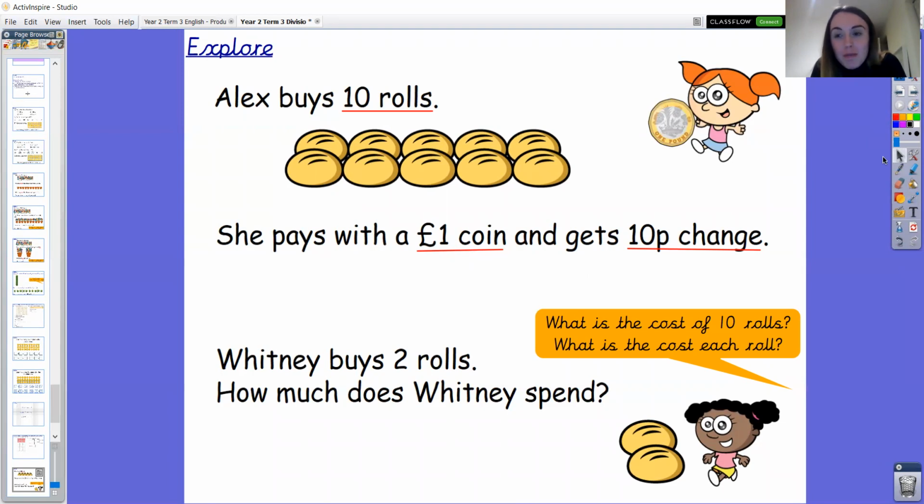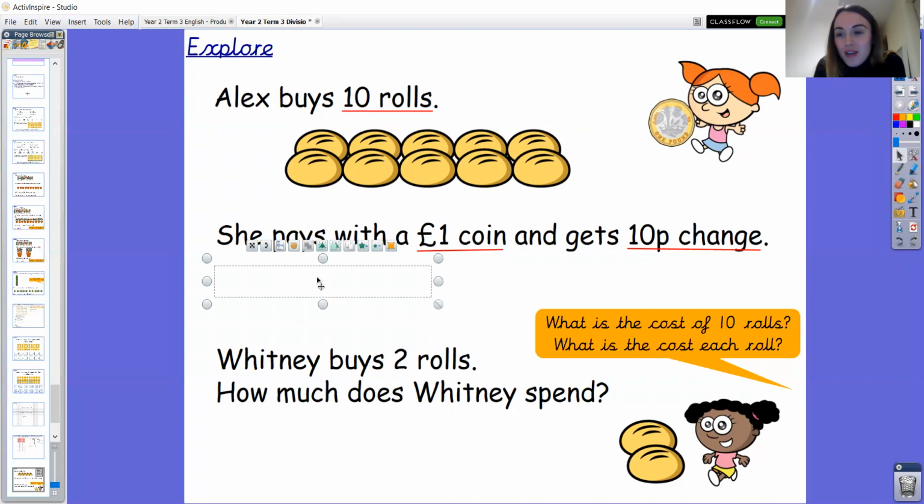Now I know we haven't focused on money yet in Year 2, so I'm wondering how many pence makes £1? That's also something to discuss at home or in the classroom. So let's pause the video here and have a think about, first of all, what is the cost of these 10 rolls? Please pause the video here.